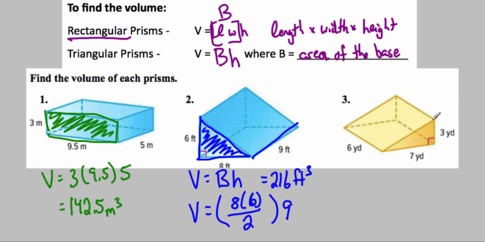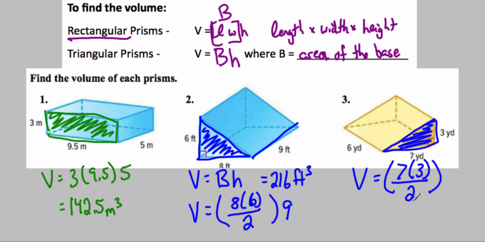Same thing here. Again, you'll notice I have a triangular base. That's my base here, because everything else is going to be rectangles. We know that about a prism, but we're looking at that front piece in this case. It's a triangle. So to find my volume, first I have to find the area of that triangle: base times height, but it's a triangle, so I have to divide by 2.